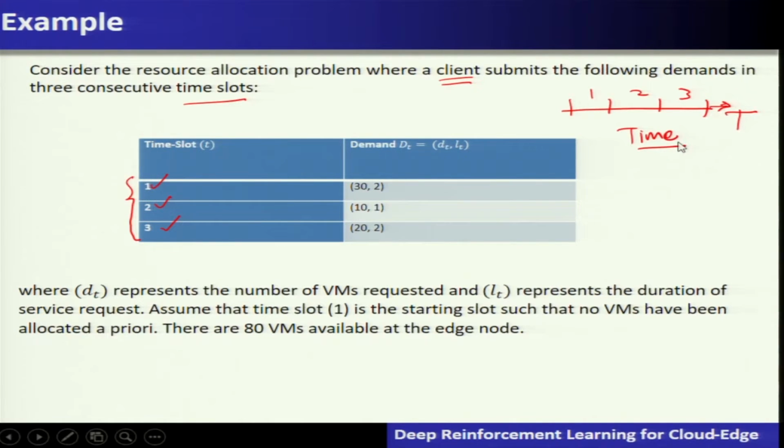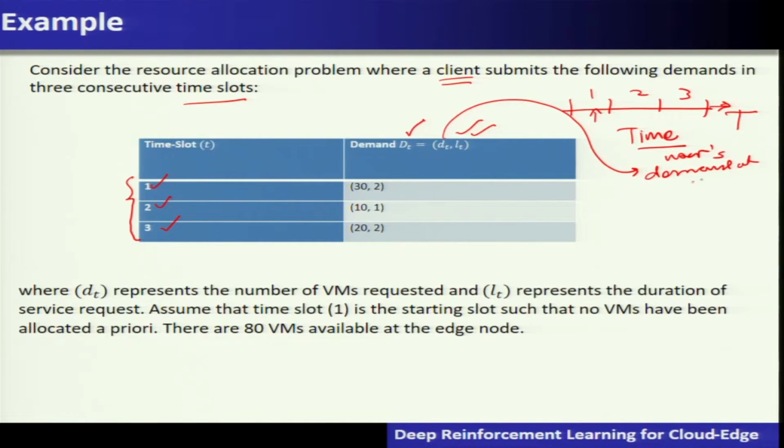So, the time is divided into 3 different slots and in each slot the demand capital D_t is expressed with a pair, that is D_t and l_t. So, D_t, we have explained, means the user demand at time t.